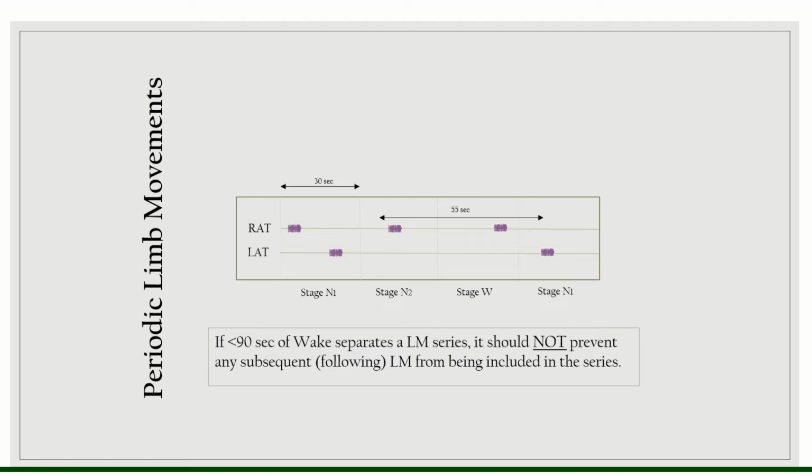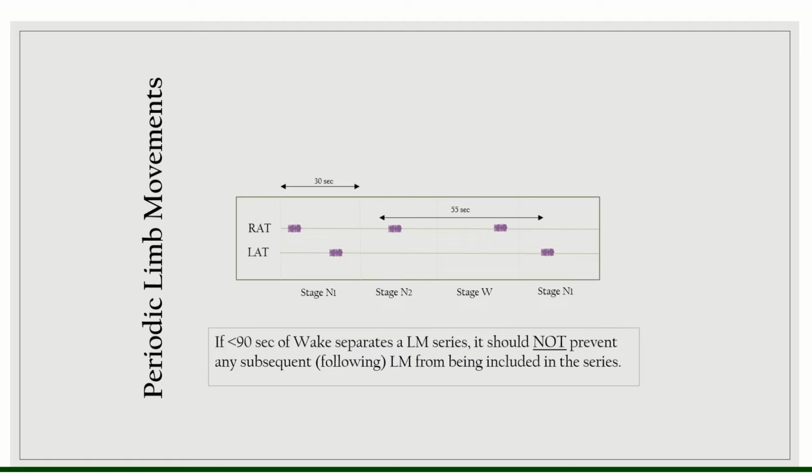We're asking what's the distance from the start of the first to the second one, or from the start of the ninth leg movement to the start of the 10th. I hope you really understand what I'm saying. Your 90-second duration is from the start of one to the start of the next. It's not saying that all leg movements have to occur within a 90-second duration. That's not what they're saying at all.